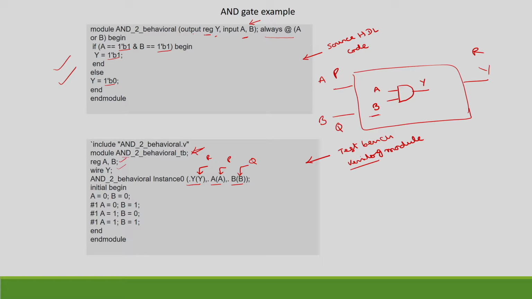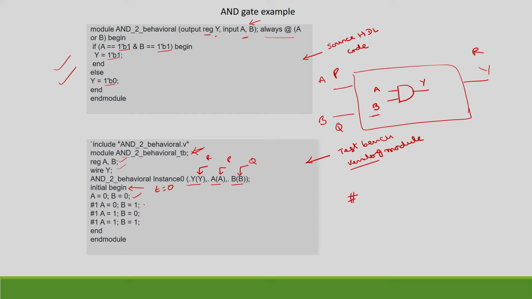Then initial begin. The initial block will be executed at time t equal to 0. So, at t equal to 0, A is equal to 0, B is equal to 0. So, this represents the delay, as I have discussed in the earlier lectures also. So, a delay of 1 second.